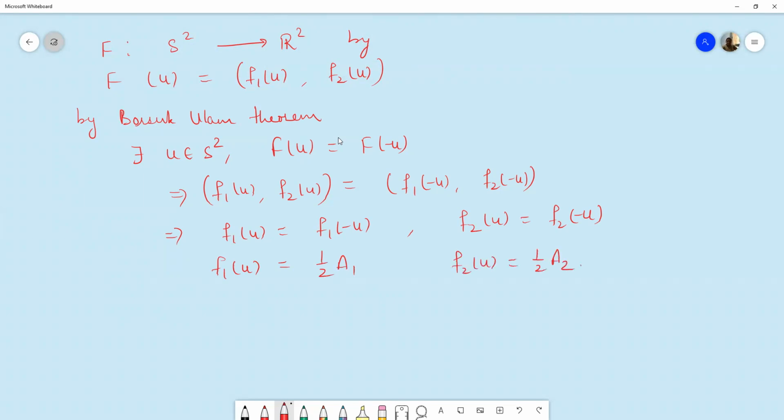So we are proving here that there exists a point U in S2 such that f1U is half of A1 and f2U is half of A2.